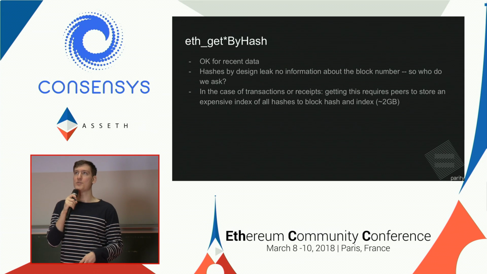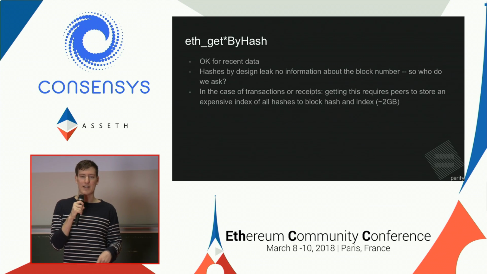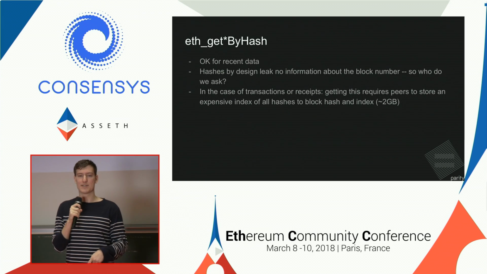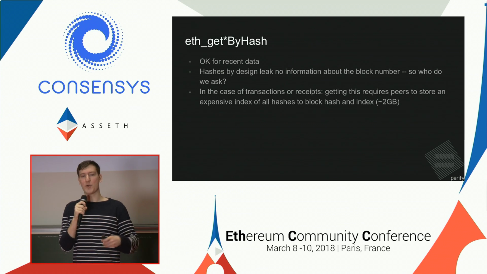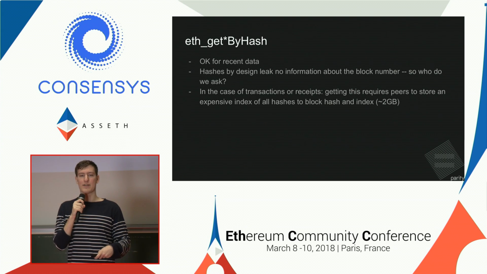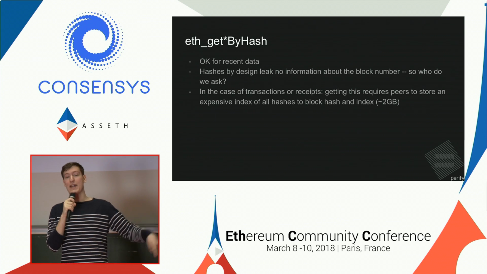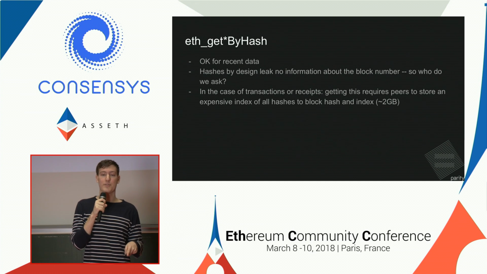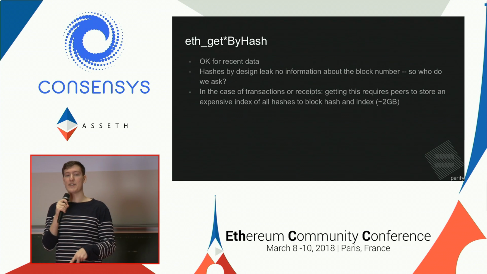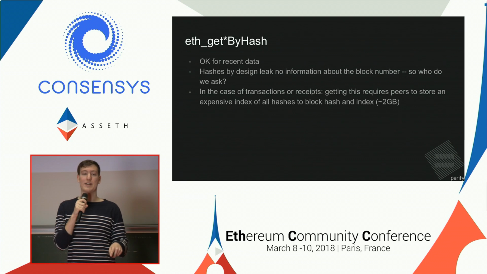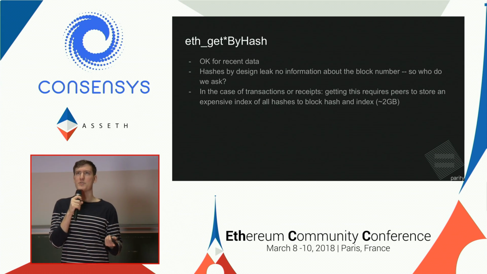Likewise, if you're trying to request state data at that block, or transactions or receipts. For example, if you want to get a transaction by hash, and it's an ancient transaction that happened ages ago, that requires full node peers to store an expensive index of all hashes to the block hash and index where they occurred. And that's already around 2 gigabytes now, I think.